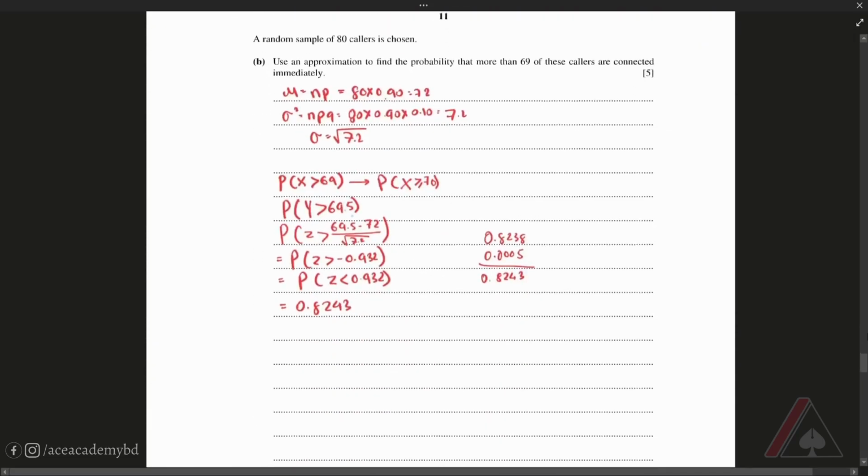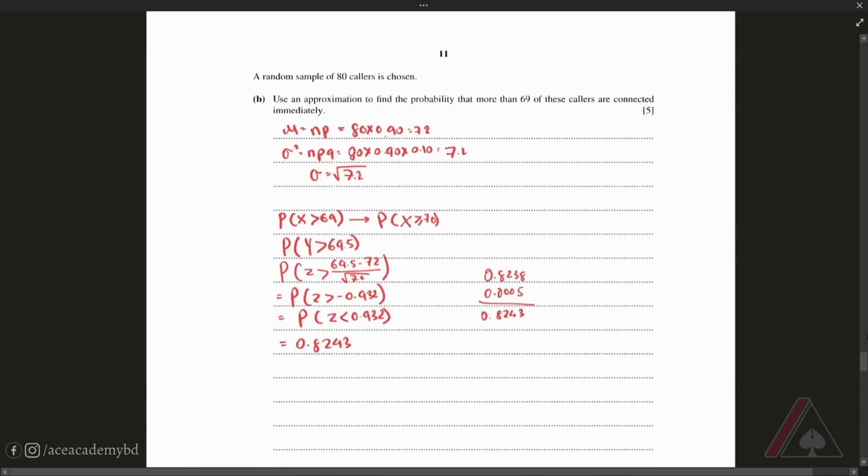So let's go to part B. It says use an approximation to find the probability that more than 69 of these callers are connected immediately. So we can use the normal distribution to solve this. For that, we would need the mean and standard deviation.